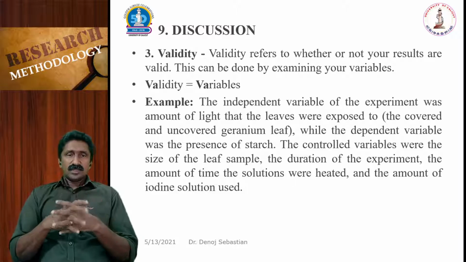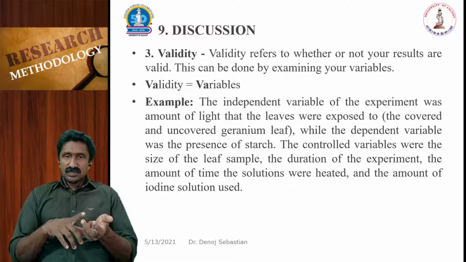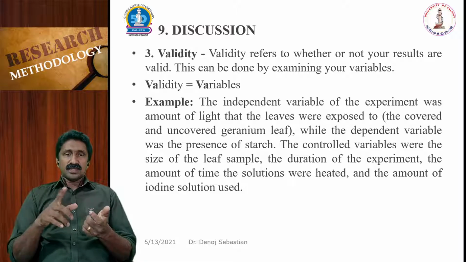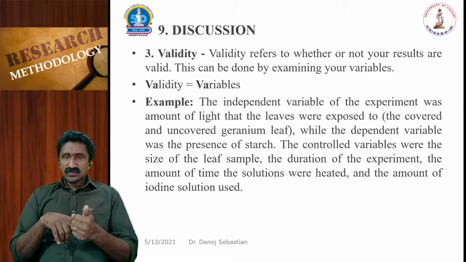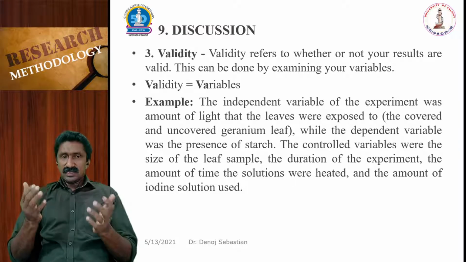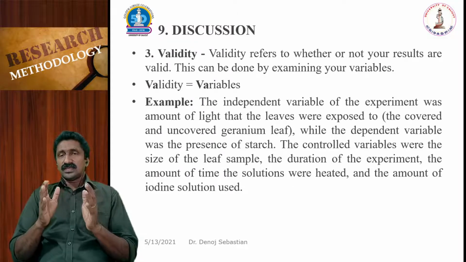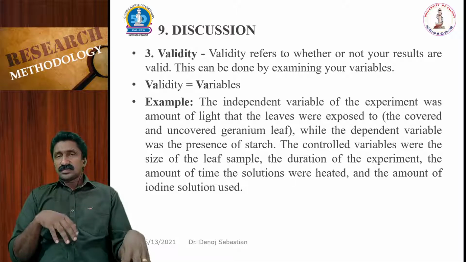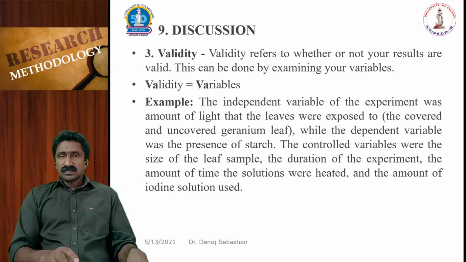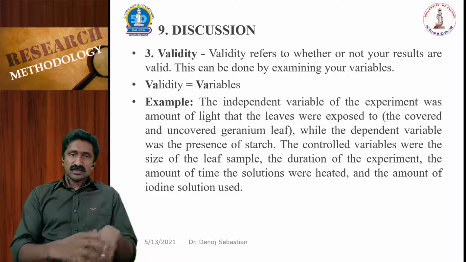The controlled variables were the size of the leaf sample, the duration of the experiment, the amount of time the solutions were heated, and the amount of iodine used, etc. They were actually kept uniform. So what is varying is the quantity of light only, and the result, that is the quantity of starch produced, will have some direct correlation.